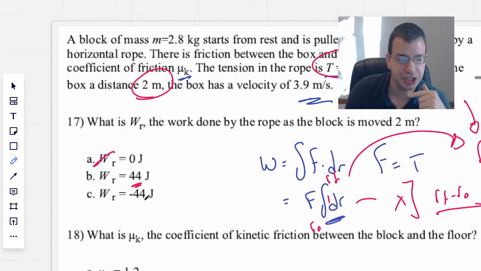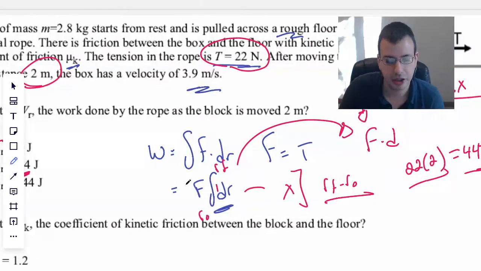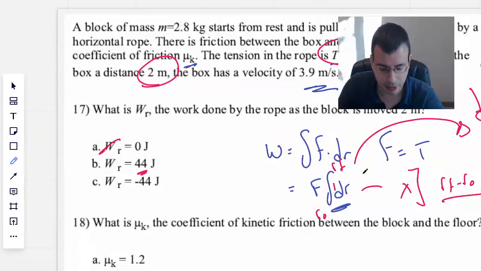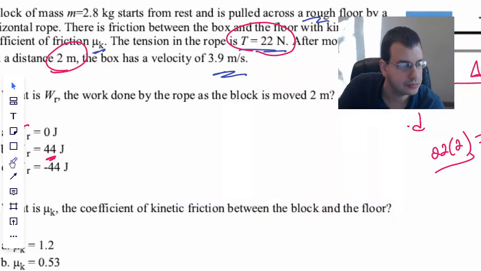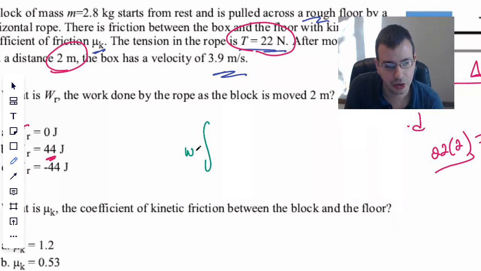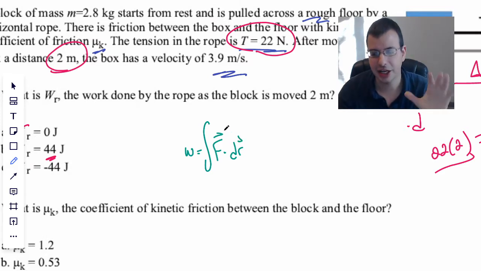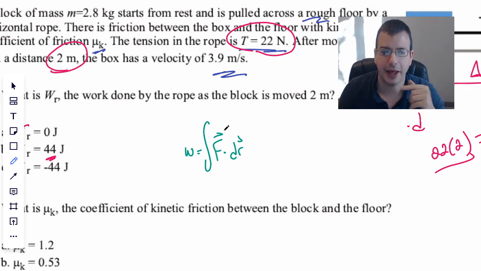This is where I take a second to step back and make sure I got my sign right. The sign comes from the equation work equals the integral of F dot dr. This is a dot product, and these are both vectors. It's not usually written that way, but you should understand that.